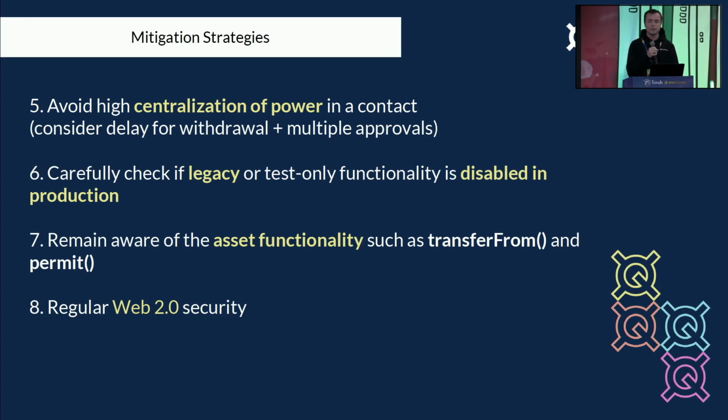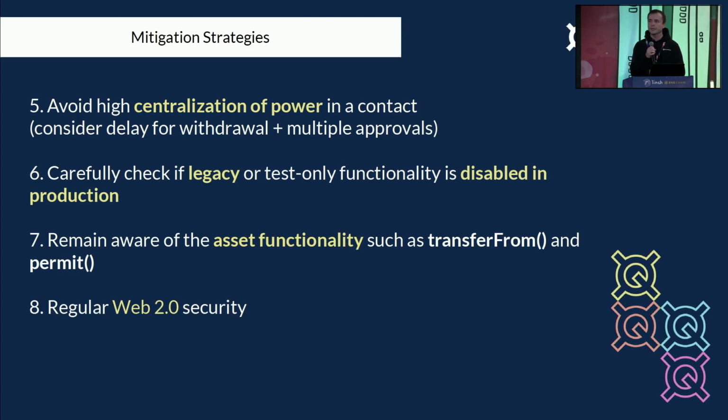So what can happen in centralized bridges is that you are given too much power, so the admins of the contract are given too much power, and they can withdraw all the assets at once. If you absolutely have to use that kind of approach, what should be considered is some time lock for withdrawals, or having some kind of multi-stage approvals in order to get the assets out.